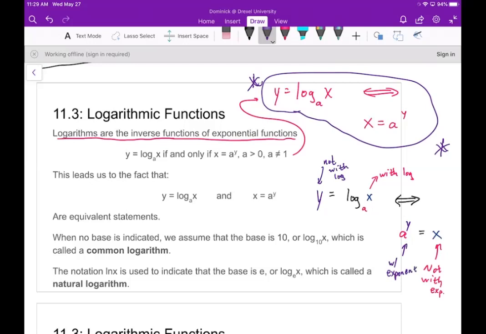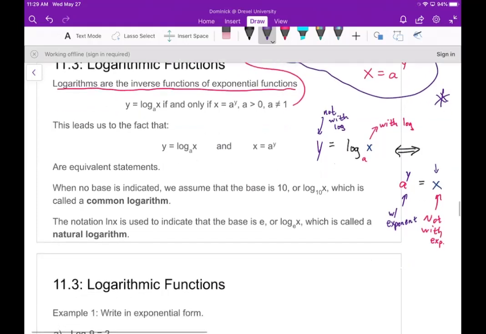And your base a is the base in both cases, right? The only thing that's switching places is the x and the y, which is what you do when you take the inverse, right? So your x is with your logarithm, so it's not with your exponential. It's on the other side of the equal sign. And your y is on the other side of the equal sign from the log, but it's on the same side as the exponent, right?